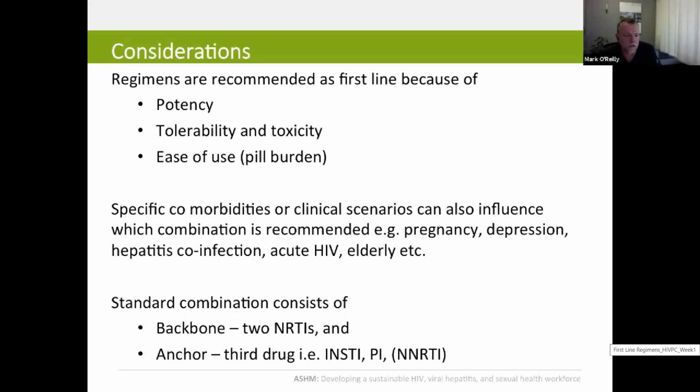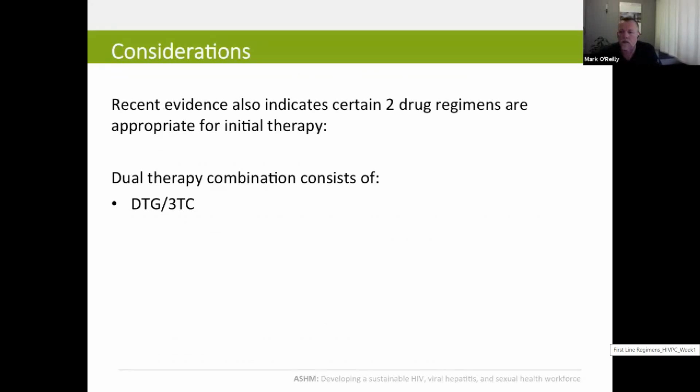So although the standard combination has consisted of the backbone with 2 NRTIs and an anchor drug or a third drug, which for the last decade has largely been an integrase inhibitor, or at least the last 5 years has been an integrase inhibitor, it's important to realise that the most recent update of the antiretroviral guidelines in Australia now includes the first dual therapy regimen of dolutegravir and 3TC, which we mentioned earlier is called Dovato.